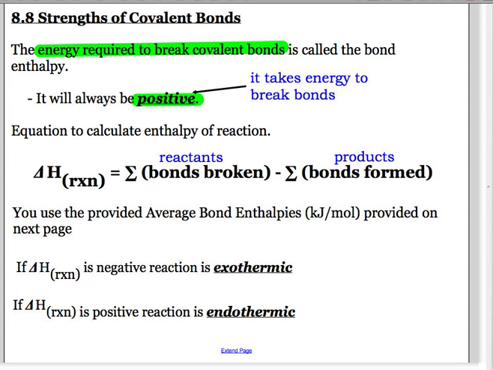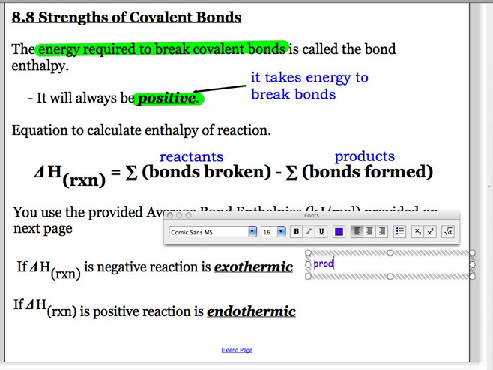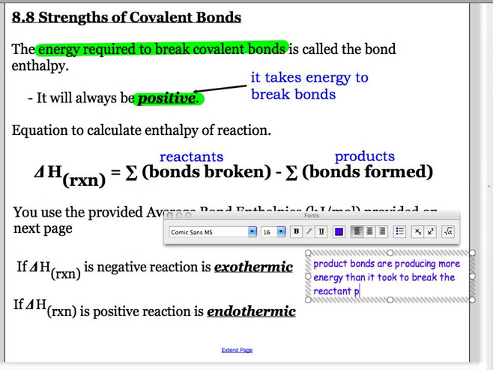If your delta H is negative, you're exothermic, which means you're releasing energy to the surroundings. And if your delta H is positive, then you are endothermic, and you are absorbing energy from the surroundings. So just remember, if you're exothermic, what that means is product bonds are producing more energy than it took to break the reactant bonds.